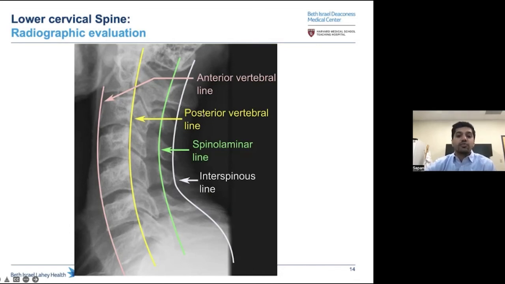And then the interspinous line connects the posterior aspect of the spinous processes, and that also should be a smooth line when you connect them, but also the distances between the spinous processes should be uniform. And what we don't see on an x-ray are the ligamentous structures that I talked about in the last slide, but disruption of those ligamentous structures can cause changes in this distance or changes in these lines.